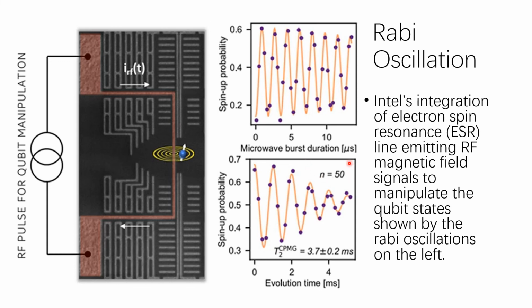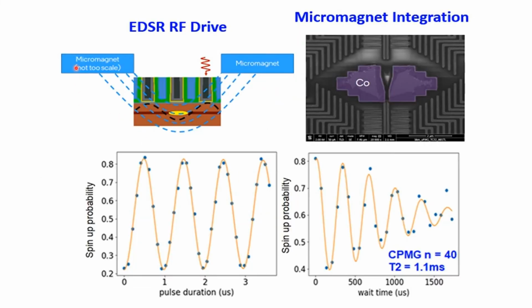This is the latest work published by Intel. This is also another technique to manipulate the state of the qubit. Intel applied this method in their silicon and silicon germanium material system.